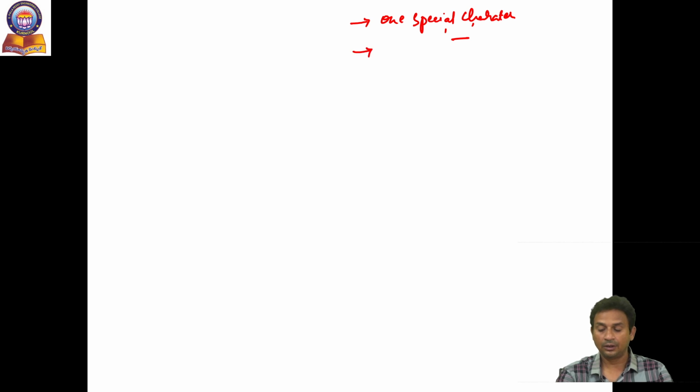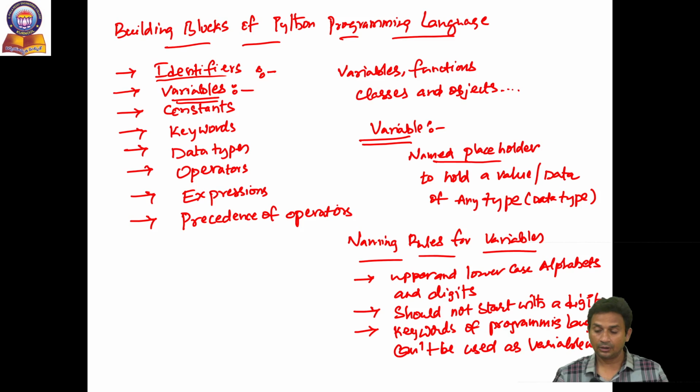And a variable name can begin with an underscore. Okay, so these are some of the naming rules we need to follow in order to give names to the variables.